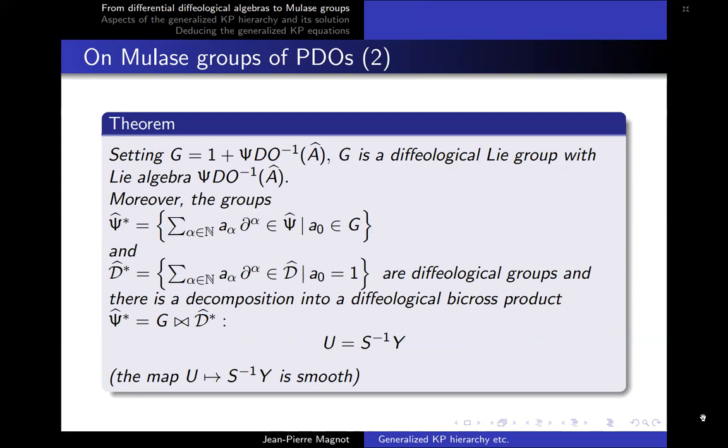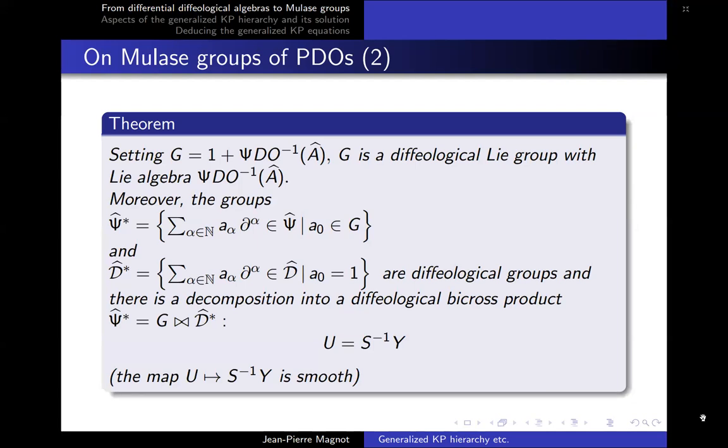This is a diffeological Lie group. So I need here to say that when I say diffeological Lie group, this means that we have also a bracket on the tangent space at the identity, which is not the case in any case. I will say more in a few minutes. And with this group, I can define also the groups psi hat star and D hat star.